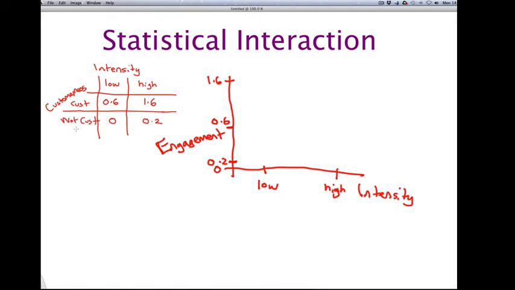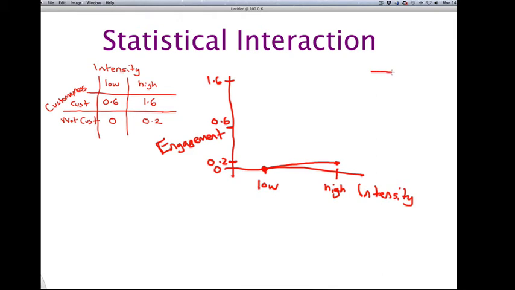So I'm going to start with being a non-customer. If you're not a customer and the intensity is low, then engagement is 0. So that's there. And if you're not a customer and the intensity is high, then it goes up slightly to 0.2. So we draw a line between those two points.